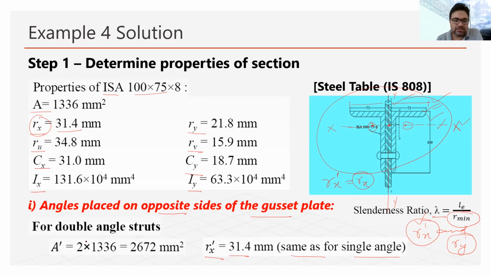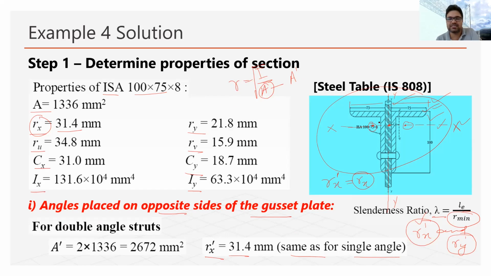Now, to find the R value, we know the formula is root of I by A. So in that case, we have to find A also. A is the total area of cross section, so here I am writing A dash. A dash will be the total cross-sectional area of both angle sections.